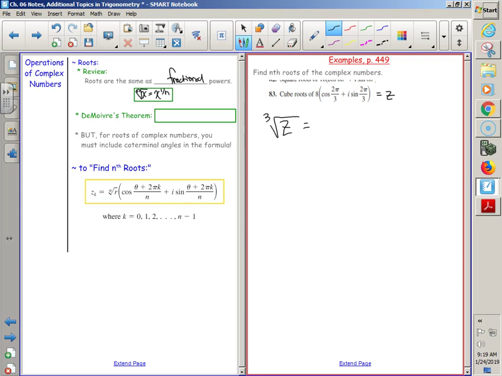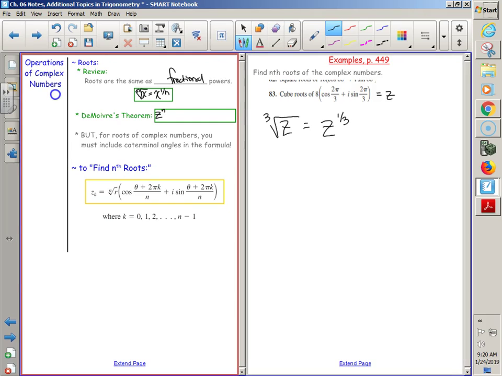The cubed root of anything is actually z to the 1/3. And so we can actually use de Moivre's theorem just like we did for whole powers. Because de Moivre's theorem says if you have a z to the n, just go ahead and raise the r to the n, and then go ahead and do your cosine of n theta plus i sine of n theta. That's what de Moivre said.